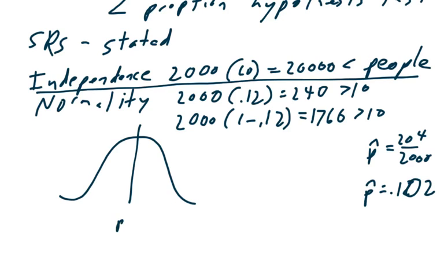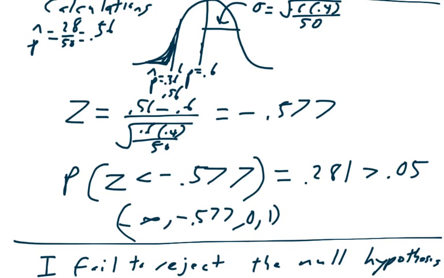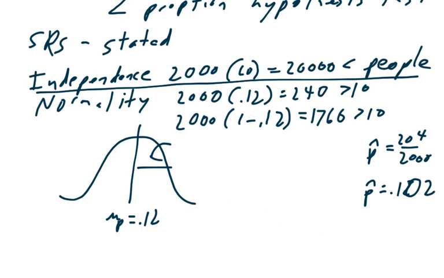Here's P equals 0.12, or mu of P, I should say. Should have said that in the last one too. My picture: this is mu of P. And sigma of P hat is the square root of 0.12 times 0.88 over 2,000.